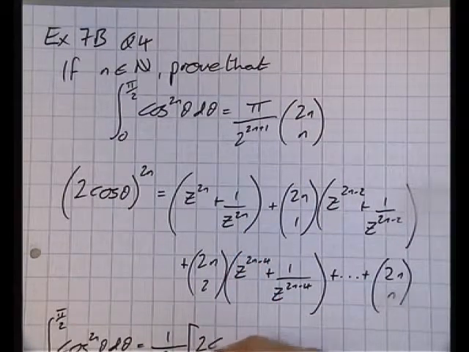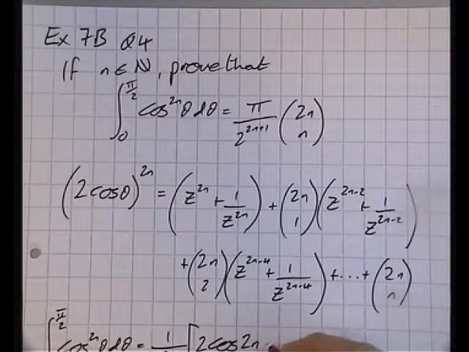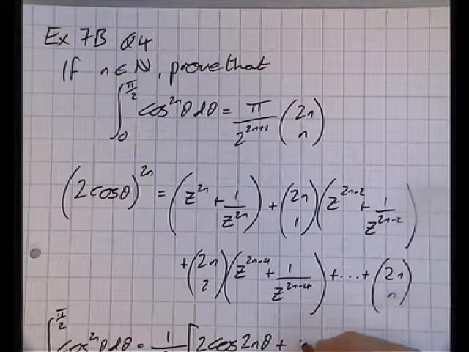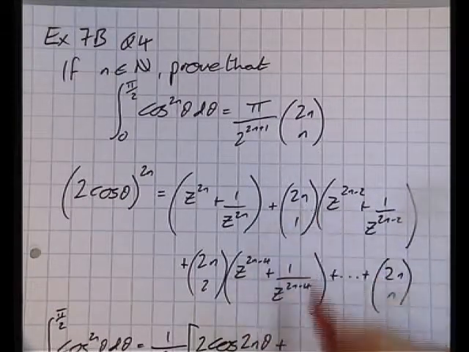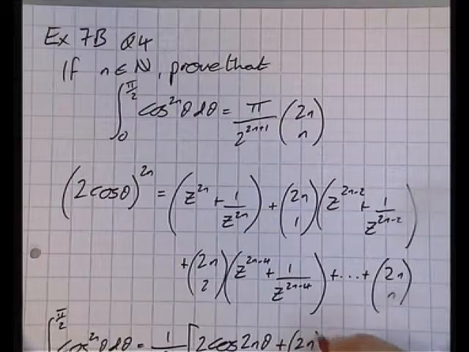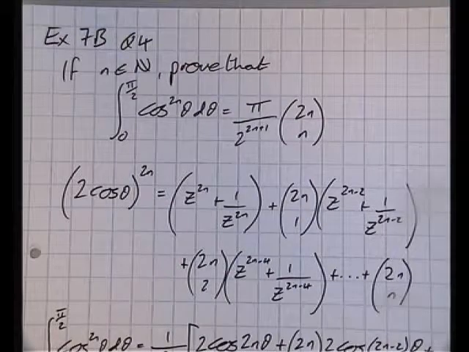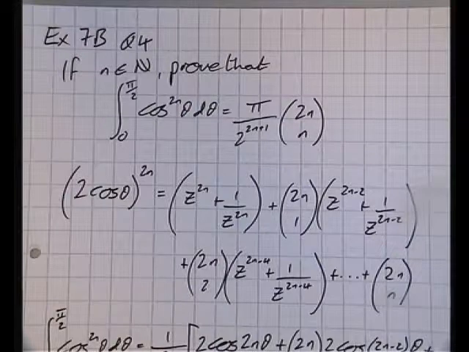So there's in there 2 cos 2n theta, plus, then we're going to end up with that 2nC1 there, 2nC1 2 cos 2n minus 2 theta, plus, and so on, finally ending with, again, our 2nCn there. Now, these are all now multiple angles, so we can integrate them to sines.